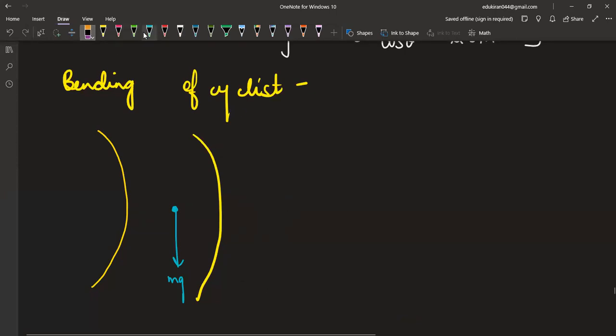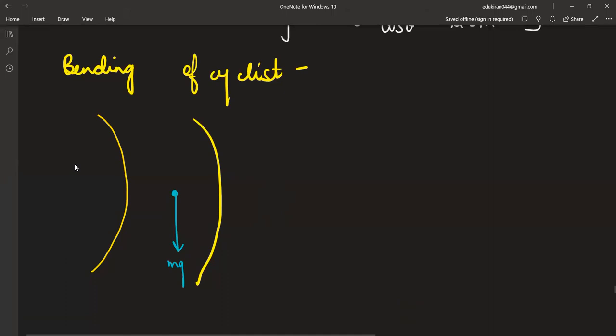Whenever there is a curved road, if you keep your body straight as it is, you will fall off. You have to tilt your body along the curve. If it's a rightward curve, you have to bend towards the right side. And if it's a left curve, you have to bend towards the left side.